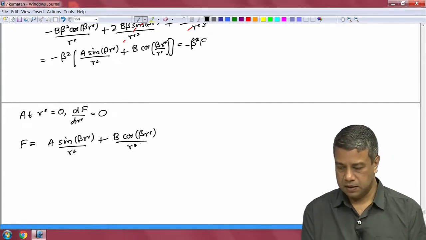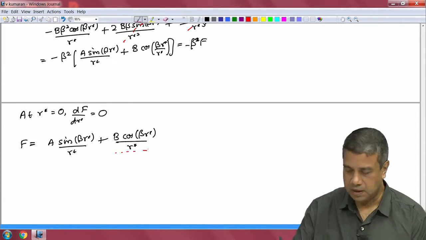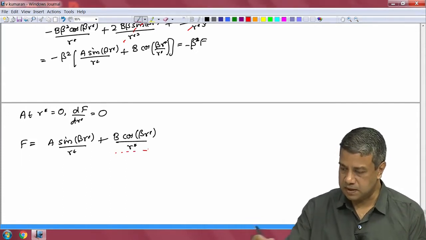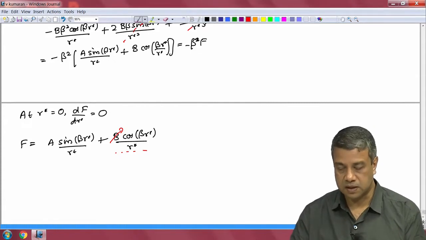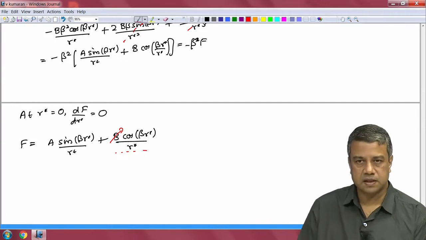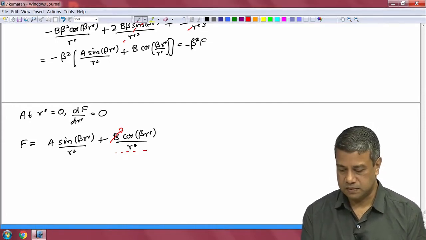The second term here goes to infinity as r goes to 0, which means that this coefficient has to be 0, for a finite solution at r is equal to 0. At r is equal to 0, you can differentiate the first term and you will find that the derivative is actually 0.